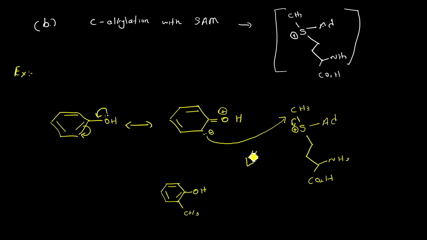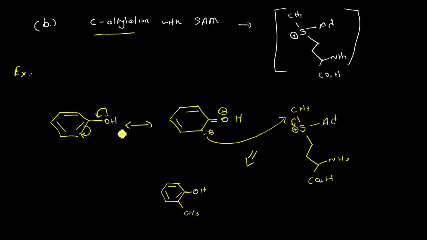Okay, now this is the basic reaction which we have to know when it comes to carbon alkylation with SAM, right? But there's a little bit of a twist here: not all molecules undergo carbon alkylation with SAM. You can see in this particular example there should be a nucleophile, right? There should be nucleophilicity, a higher electron density on a particular carbon in order to attach a methyl group, right?